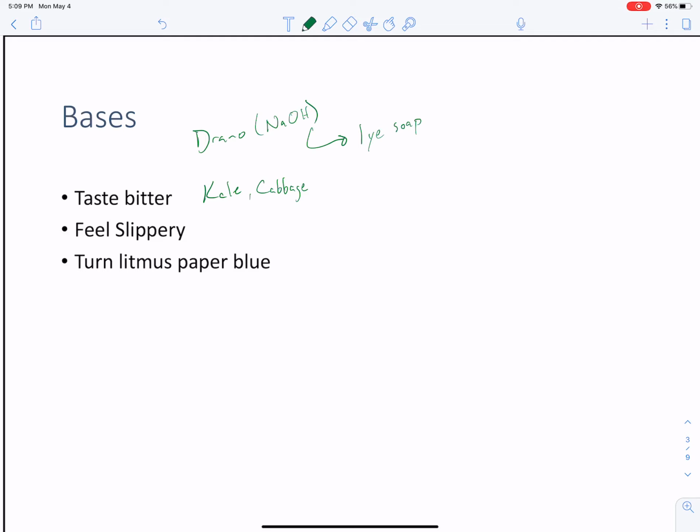Soaps are very slippery, so soaps oftentimes have a little bit of a basic tint to them. Another one that's fairly basic is toothpaste. We don't think much about it, but toothpaste is a little bit basic. We add some flavorants to the toothpaste so that it doesn't taste bitter.